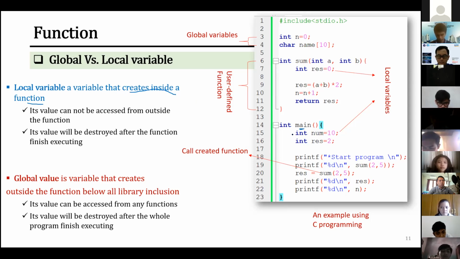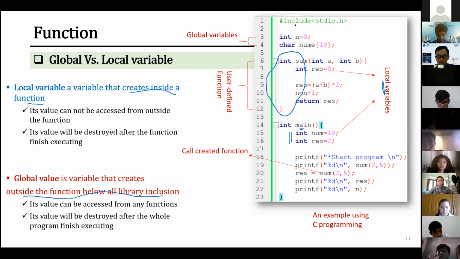If we create some variable inside main, this is called a local variable. And when we define our own custom function, the variable that we create inside this function is also called a local variable. Okay, that is the term. And global variables are variables that are created outside the function, but they should be below the library.